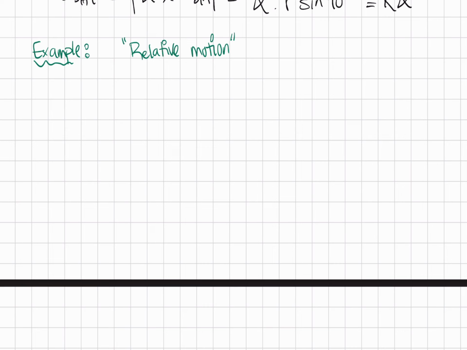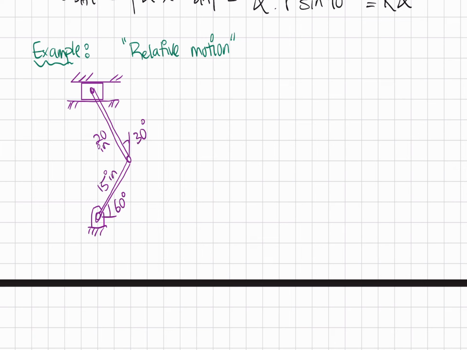So I'll draw a schematic. We have a body that has two arms and a slider.